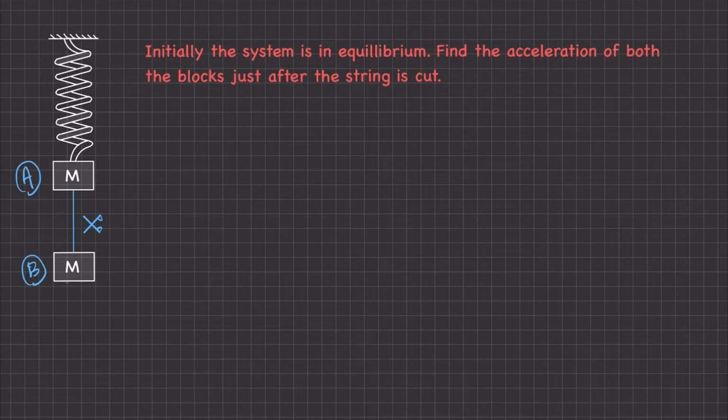And let's draw both the blocks and draw the forces on them. We will do the FBD. Now here on the lower block, downward force will be mg, and as the tension is balancing this, they are in equilibrium, right? So initially this tension T must be equal to mg.